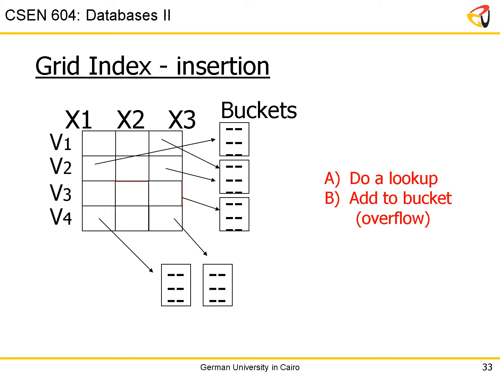In order to find it, it has to be in the right location, and the insertion consequently has to use the same algorithm that I have been describing to identify the bucket that the new entry needs to be inserted in. Now remember, again, this is the index, this is not the table.